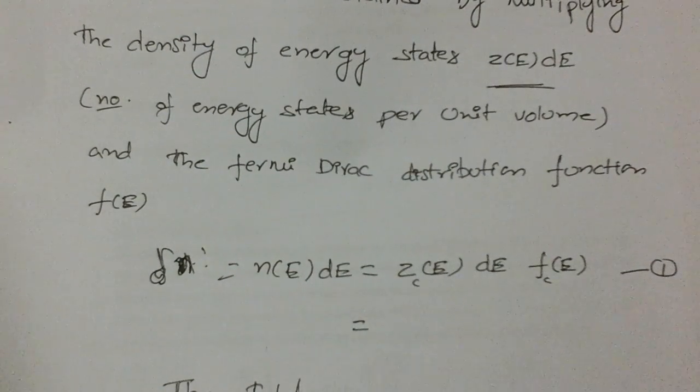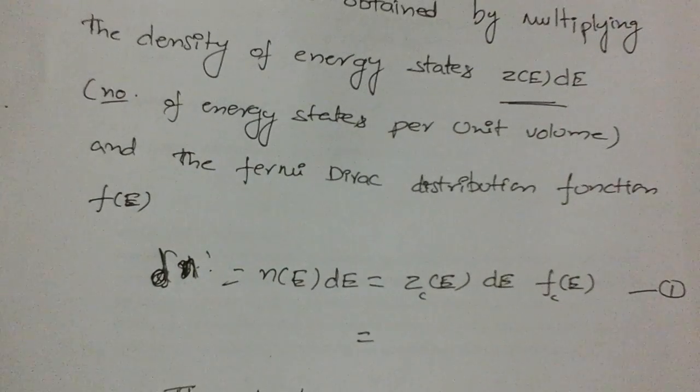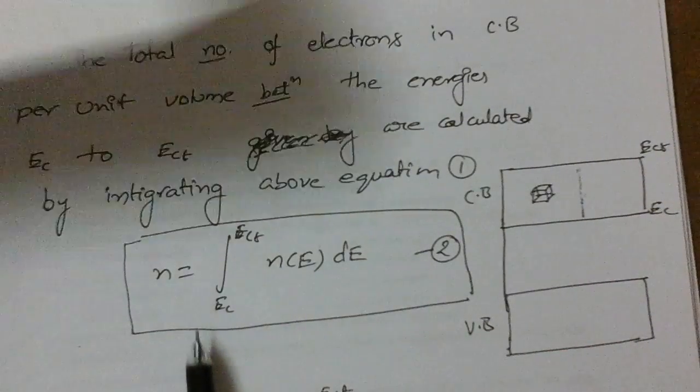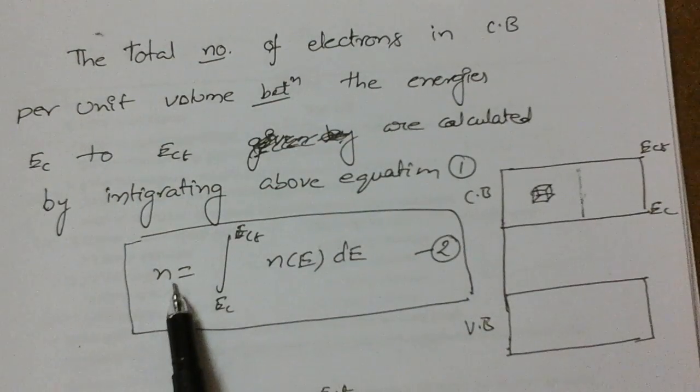If you integrate dn, you will get n on this side.